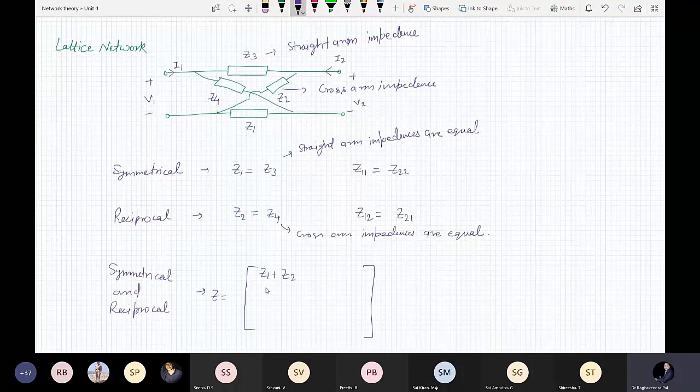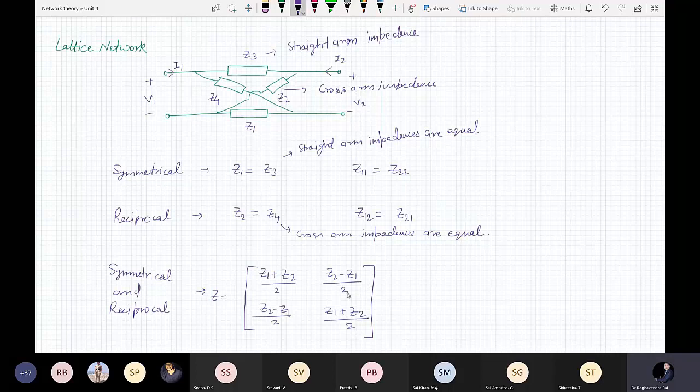This is a direct formula actually. Otherwise, you would have to calculate. So Z2 minus Z1 upon 2, Z2 minus Z1 upon 2, and here Z1 plus Z2 upon 2. Okay, so these are the Z parameters of a symmetrical and reciprocal network.